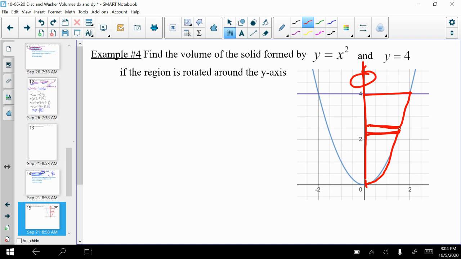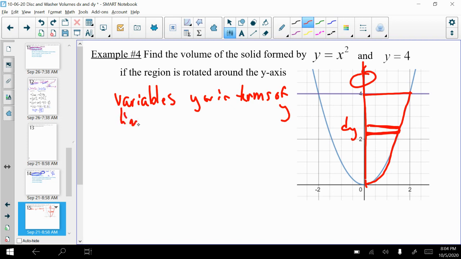So the problem with rotating this is we know we want dy, which means all of our variables need to be y or in terms of y, right? So variables, limits, right, are also y values. So that's fine. This y is 0, and this y we know is 4, right?